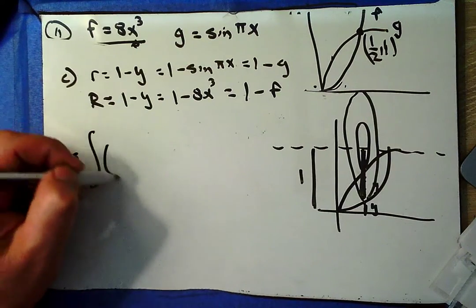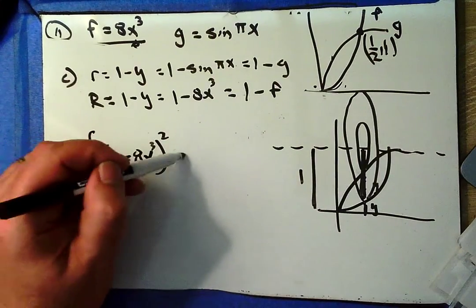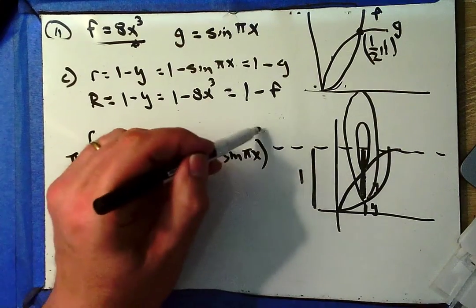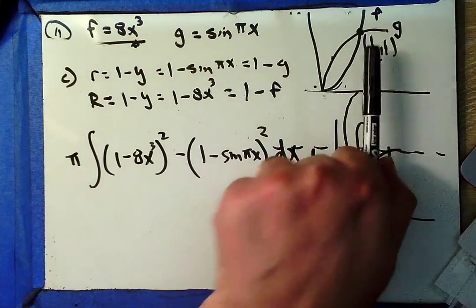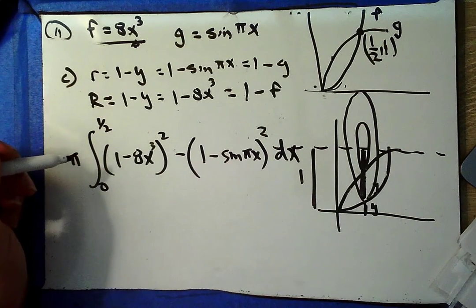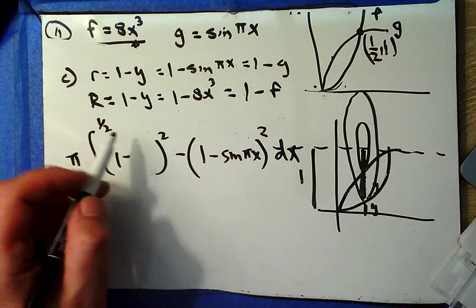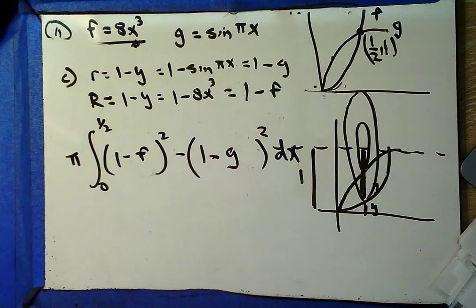So pi, big R squared, 1 minus 8x to the third squared, minus little r squared, 1 minus sine pi x squared dx. And we're going from here to here, so we're going 0 to 1/2. And that looks great. There's my integral. Again, you really could set this up as f and g, but it would just freak me out way too much. But I know some of you are out there thinking, can I do that? And yes, you could get away with that because f and g were defined for us by the College Board.